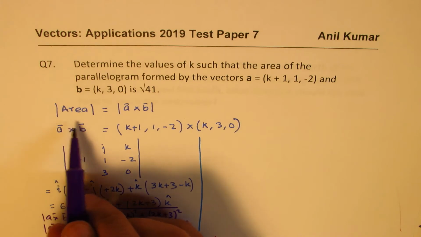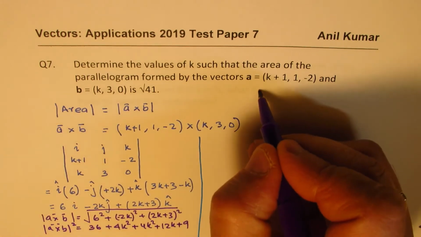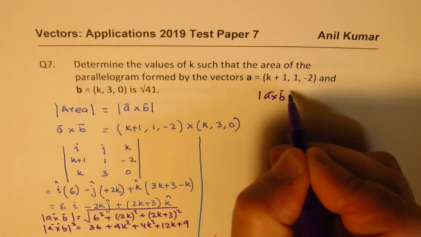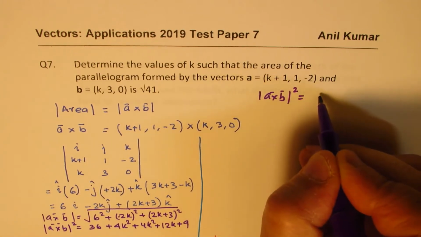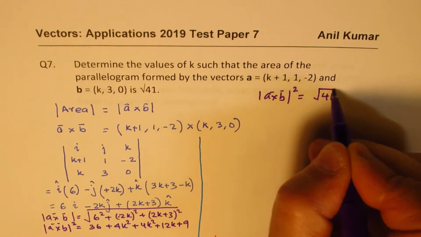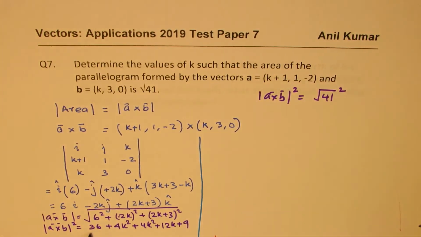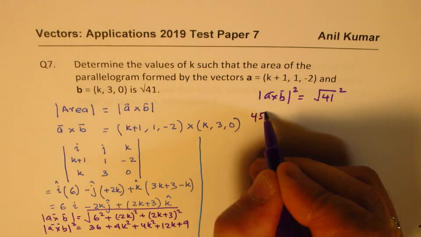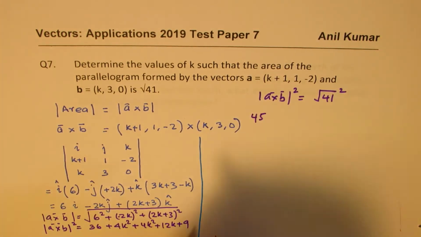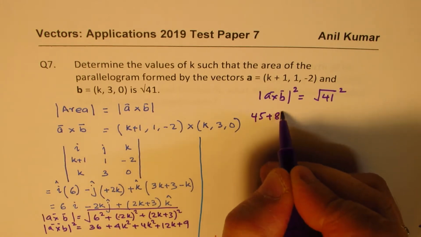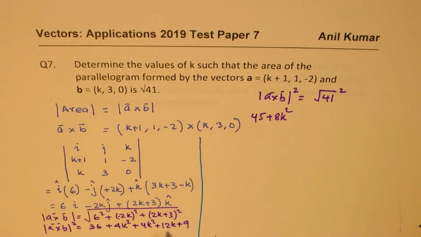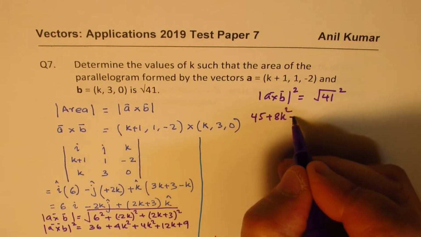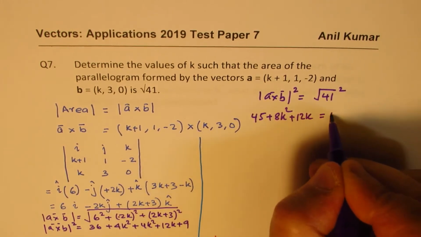So what we can do now is equate the two. We can say that A cross B whole squared will be square root of 41 squared, correct? So that is what we get. 36 plus 9 is 45. Then K squared and K squared, 4 each, gives 8K squared, and then we have 12K, equal to 41.